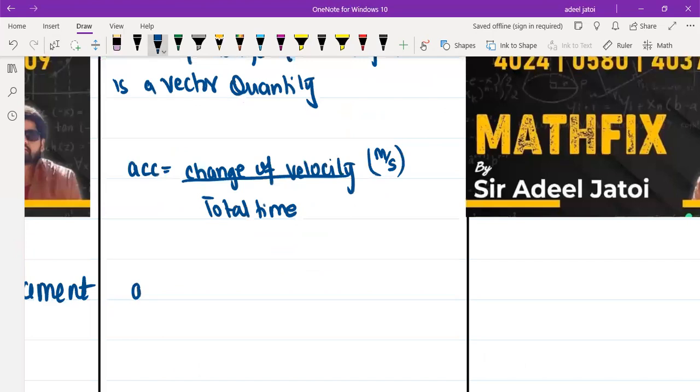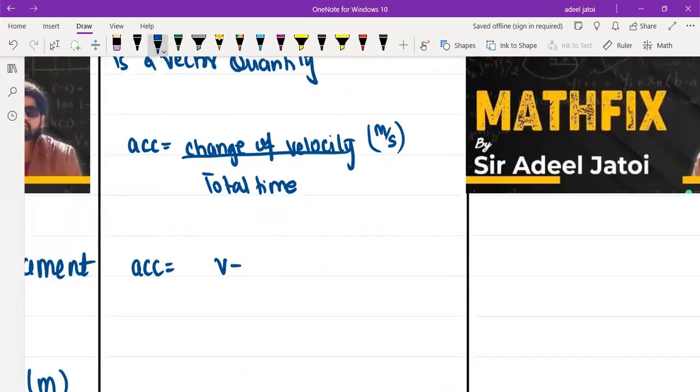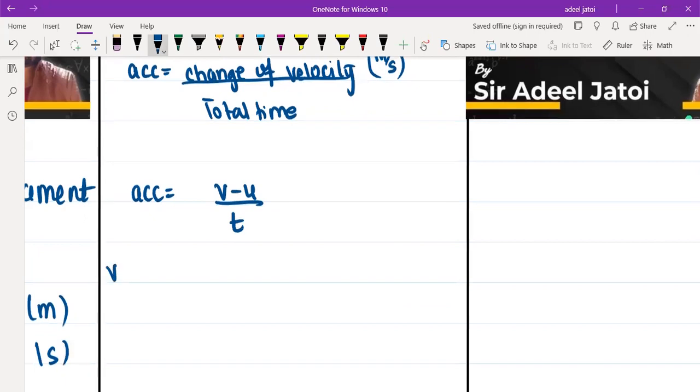So acceleration is basically v minus u upon t, where v is the final velocity and u is your initial velocity.